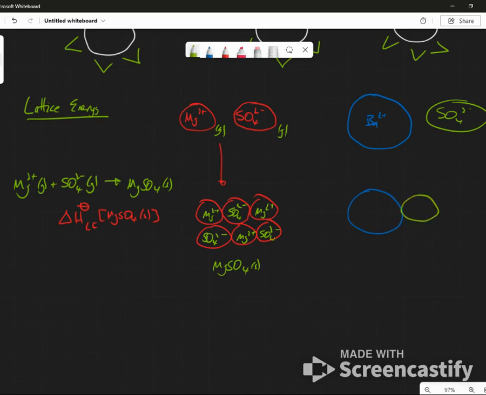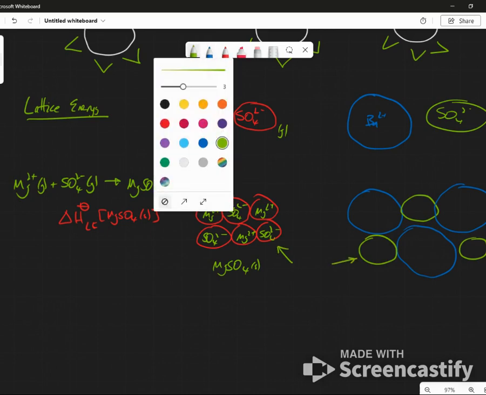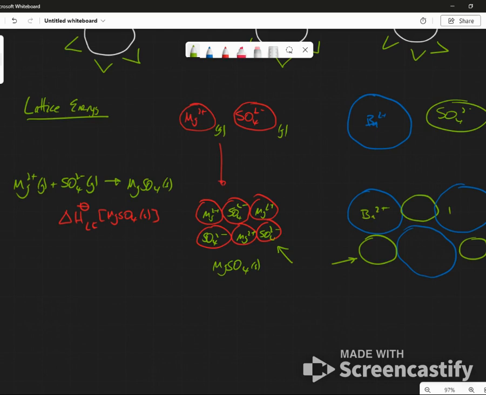The sulfate ion is the same as before and should be the same size. So this is a barium ion, and this is a barium ion, and the other guys are sulfate ions.